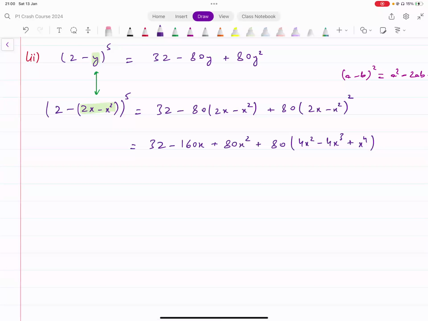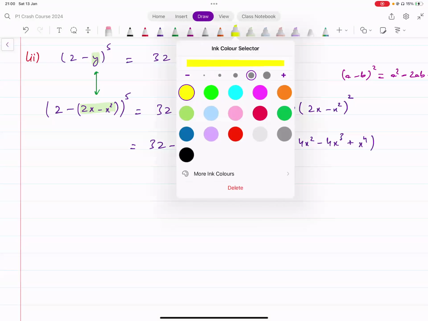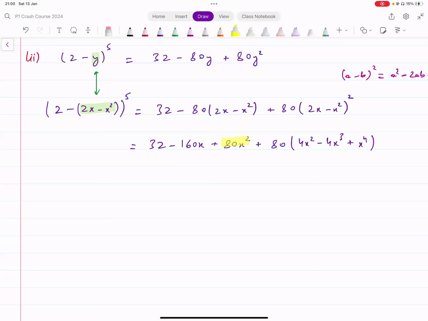Now, again, what are we looking for? We are only interested in x squared terms, so we can ignore everything else. We can just focus on the x squared terms, the ones that we need. That's this and this. Let's simplify this and see what we get. We have, just ignore everything else, 80x squared plus 80 into 4, that is 320x squared.